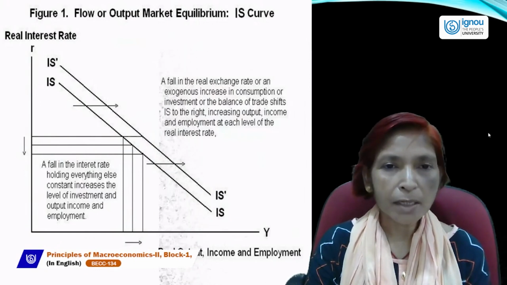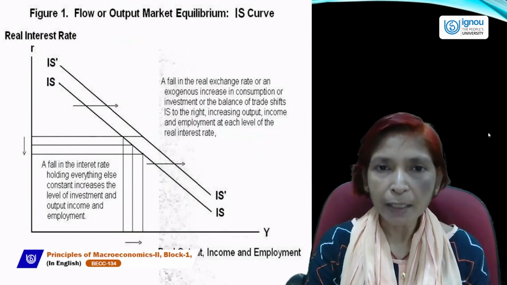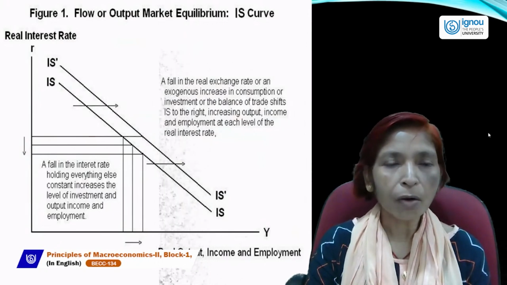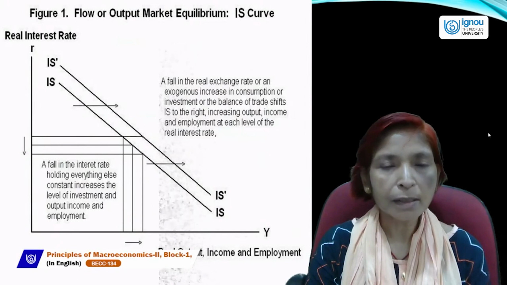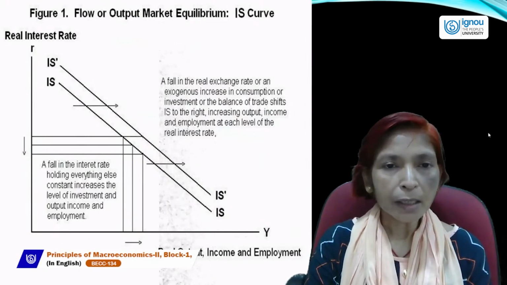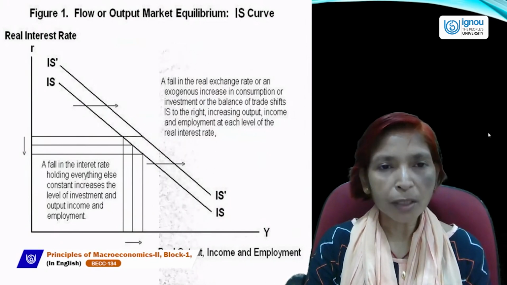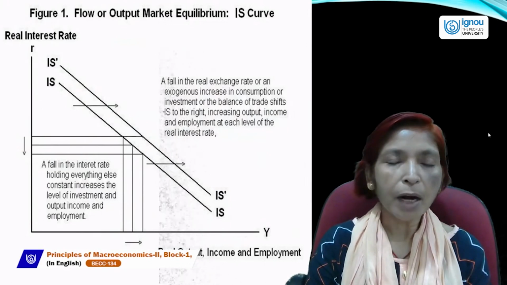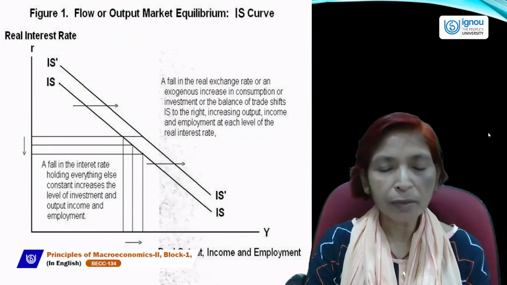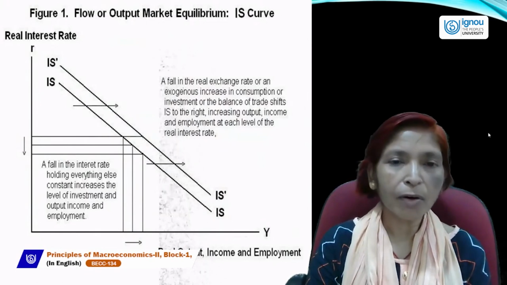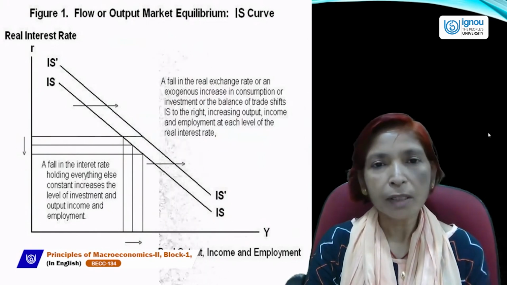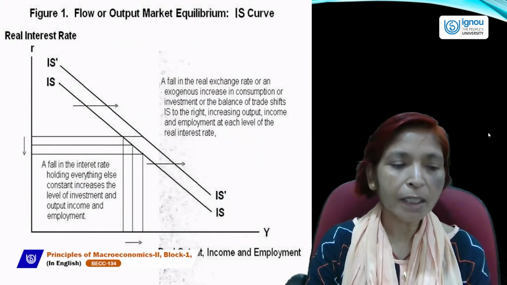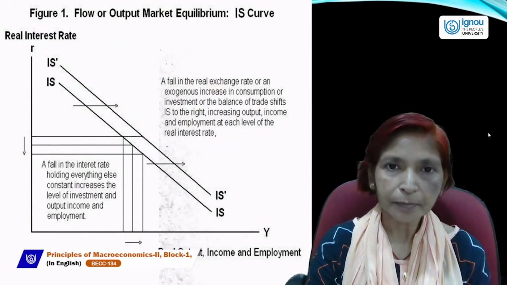And if the government cuts public expenditure and imposes more taxes on consumers and producers, then the real income or purchasing power of the consumer will fall. Due to the fall in income, demand will fall, production will fall, employment will fall, investment will fall, and due to the fall in investment, the IS curve will shift to the left hand side.